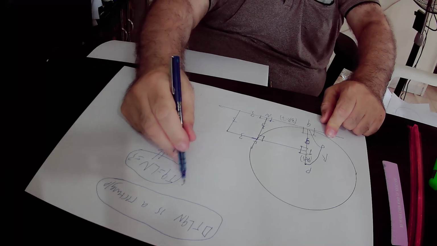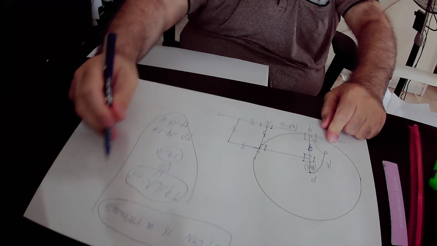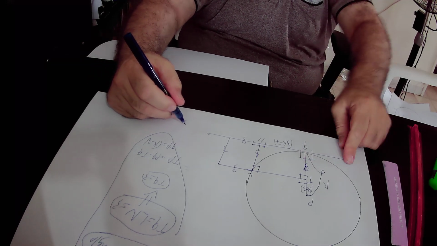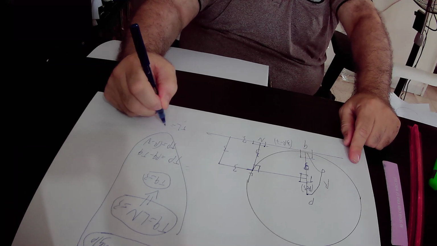Likewise, according to the same rule that the opposite sides of a rectangle are equal to each other, we get that TL is equal to QN.